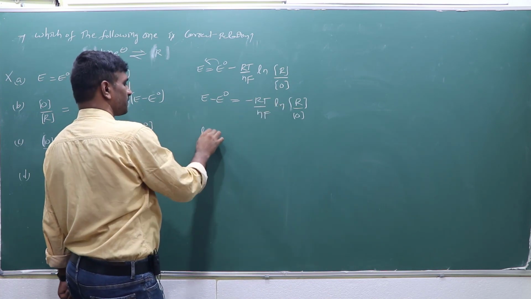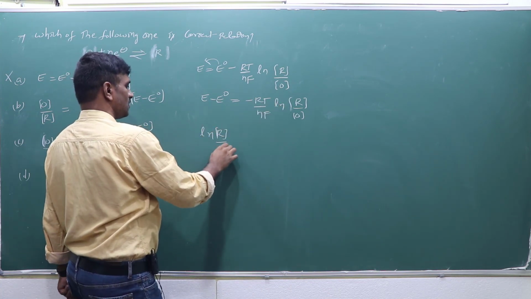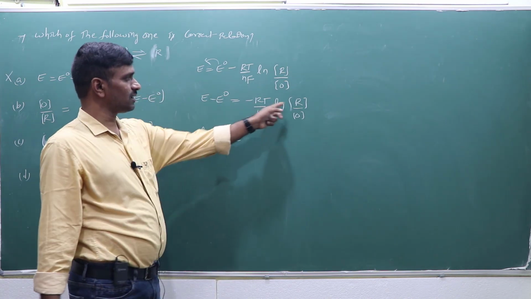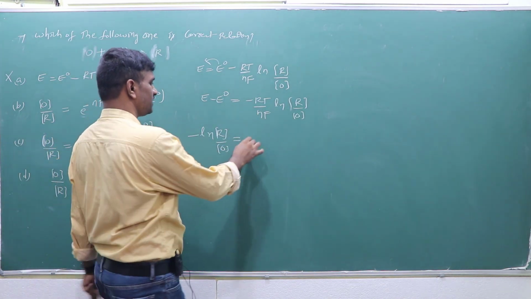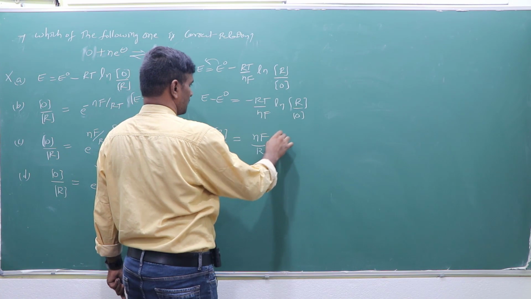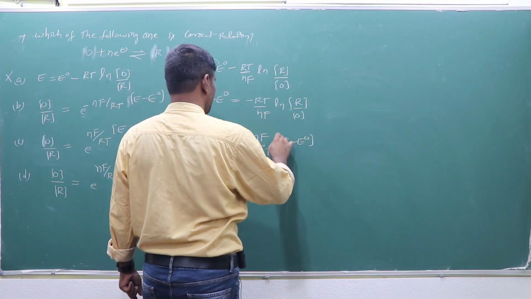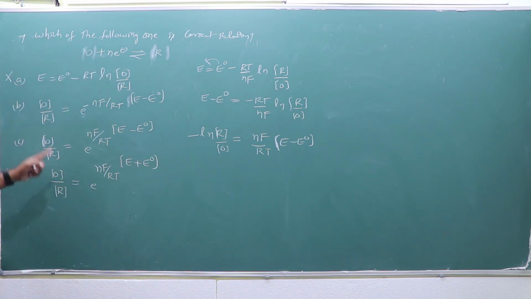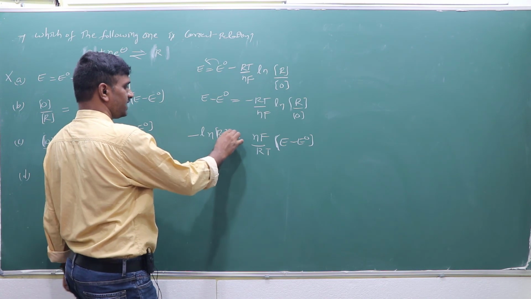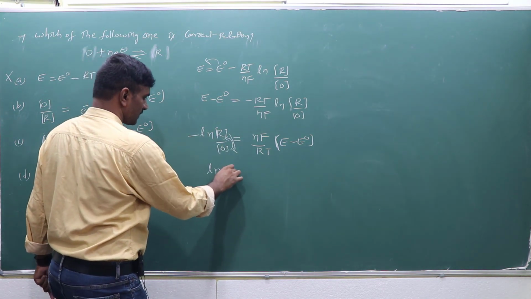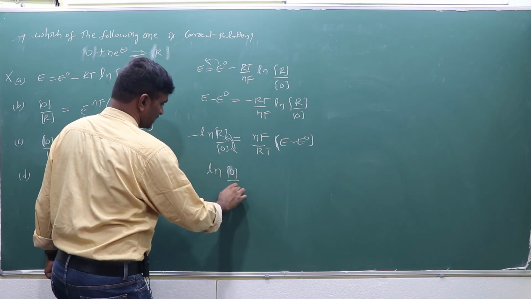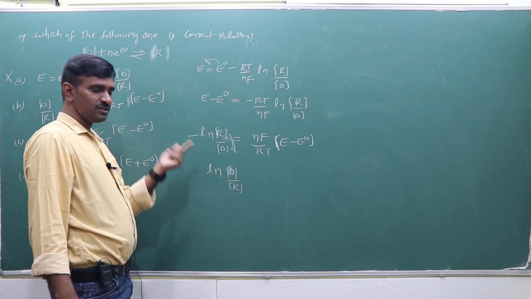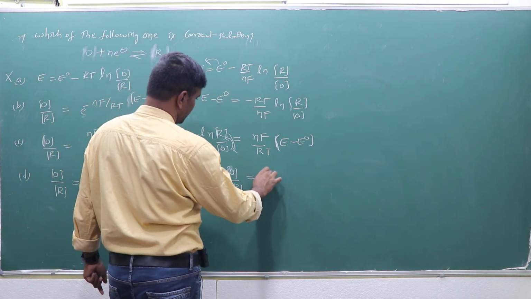This is also shifted to the right side: minus ln R by O is equal to nF by RT into E minus E naught, since RT by nF is shifted to the other side. Oxidant and reductant are interchanged, so the minus becomes plus. Already minus is there, and minus into minus is plus.